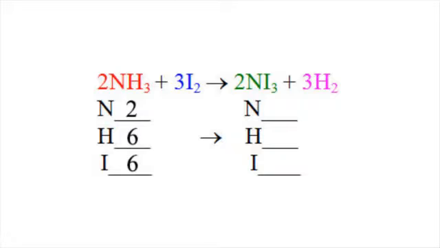So there are also 6 iodine atoms on the reactant side. On the product side, there are 2 nitrogen atoms, 6 hydrogen atoms, and 6 iodine atoms. Okay, we've double checked, and since there are equal numbers of all types of atoms on both sides of the equation, we can say that the reaction is balanced. The law of conservation has been met.